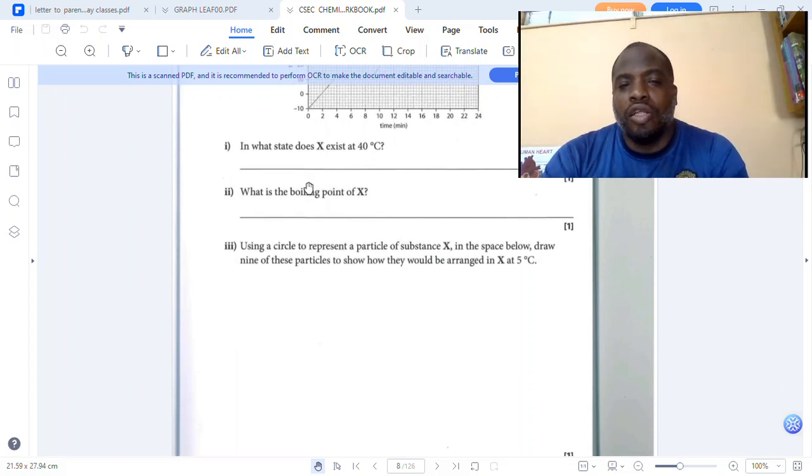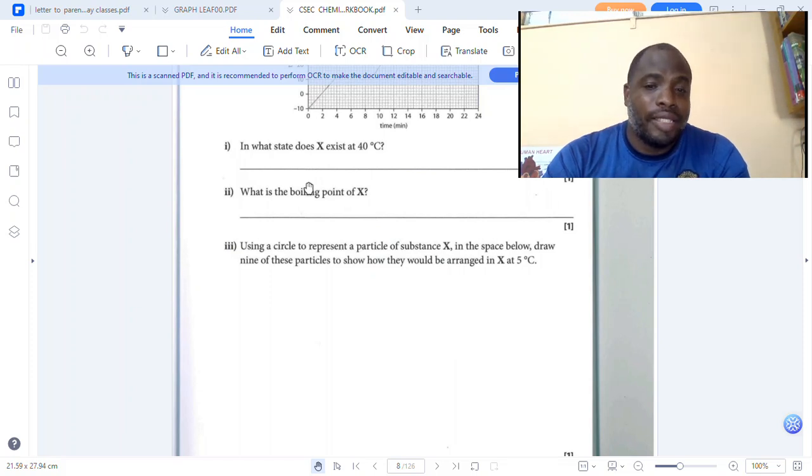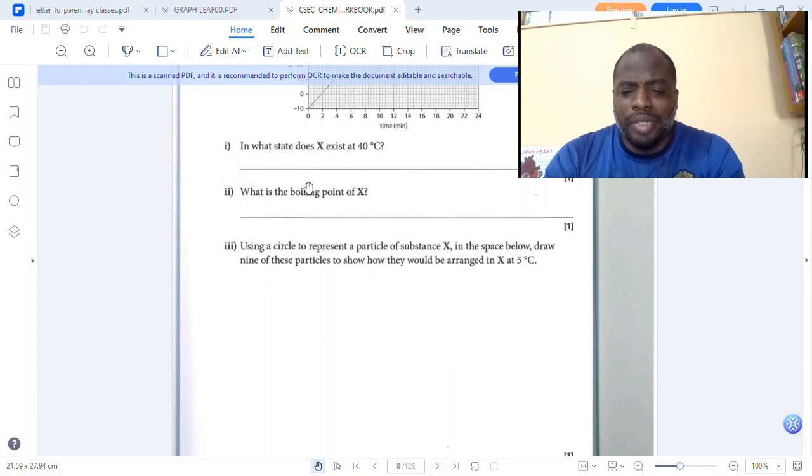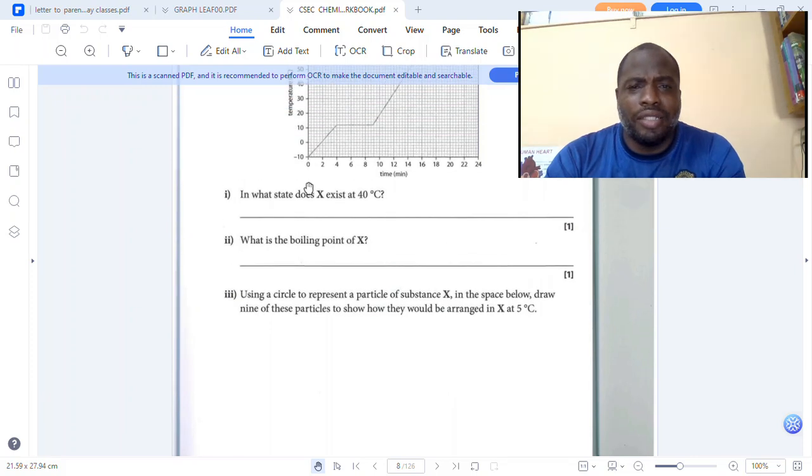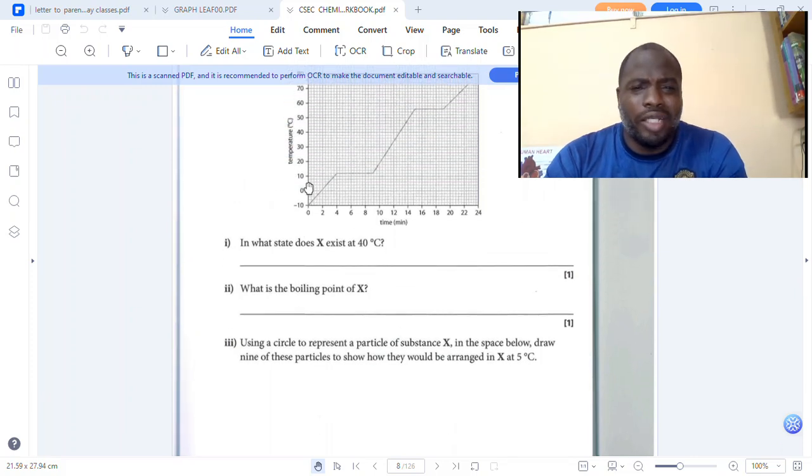Using a circle to represent a particle of substance X, in the space below, draw 9 of these particles to show how they would arrange in X at 5 degrees Celsius. And students will be saying, but how do I know how the particles arrange in substance X at 5 degrees?